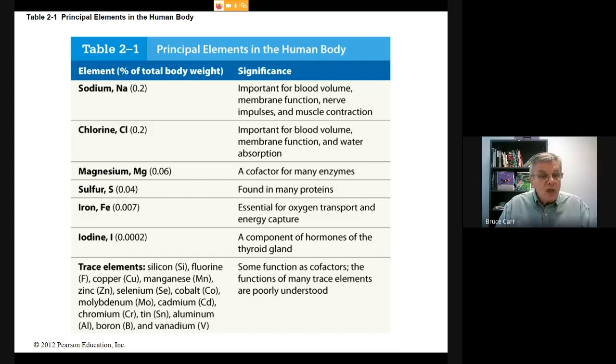We're all familiar with iron in many forms in the world around us. In our body, its main form is as the central ion in hemoglobin, which allows red blood cells to carry our oxygen. But again, only 7/1000ths of our body weight.